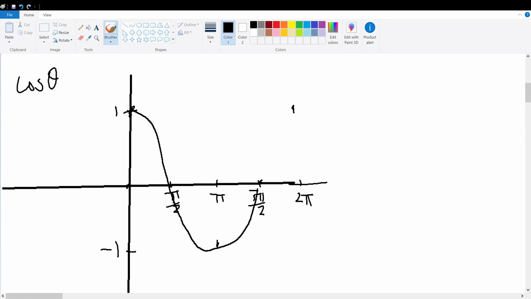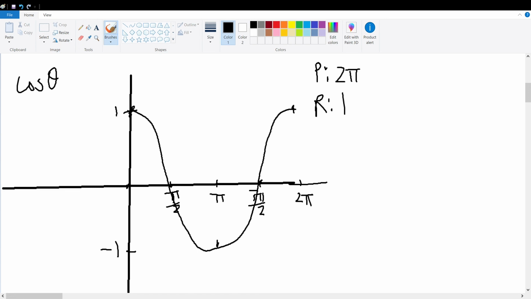And likewise, as I drew for sine, this is the first period of cosine, and the period of cosine is 2 pi. And the range of cosine is still 1, as the greatest value of cosine is 1. And for every 2 pi rotation, the cosine function will repeat this little segment of its graph.